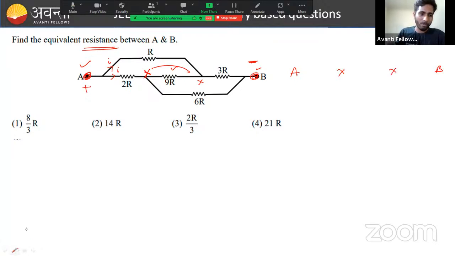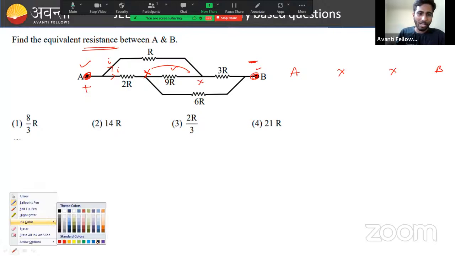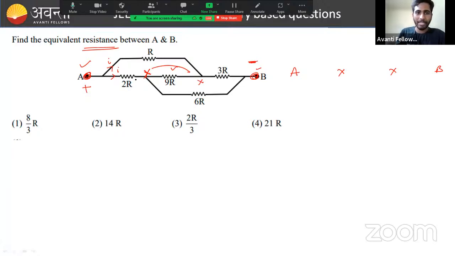Right, now between A and X, how many resistors are there? Between A and X, 2R is there. Write that one here. Then between X and X, 9R, it is nothing but 9 times R. Next, between X and B, it is nothing but 3R.